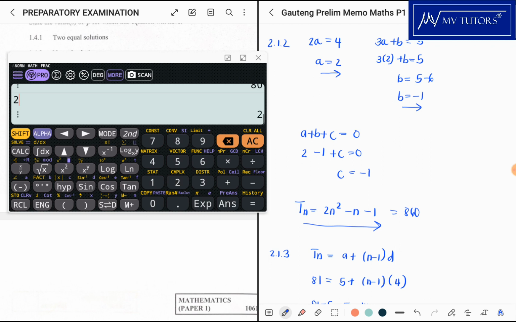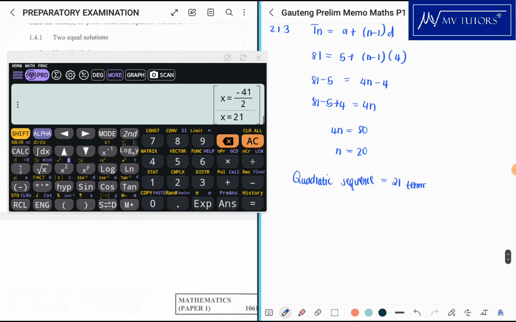Let's just say we have 2x squared minus x minus 1, and we make that equal to 0, and then we say shift solve. No, I must make that equal to 860. Equal to 860, shift solve. So yes, we have 21. X is equal to 21. So yeah, there are 21 terms.